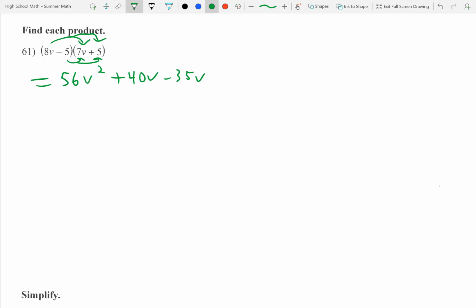Minus 5 times plus 5 will be a minus 25. Notice these two terms are like, often the case when multiplying binomials together. 56v squared. 40v minus 35v will be a 5v minus 25.